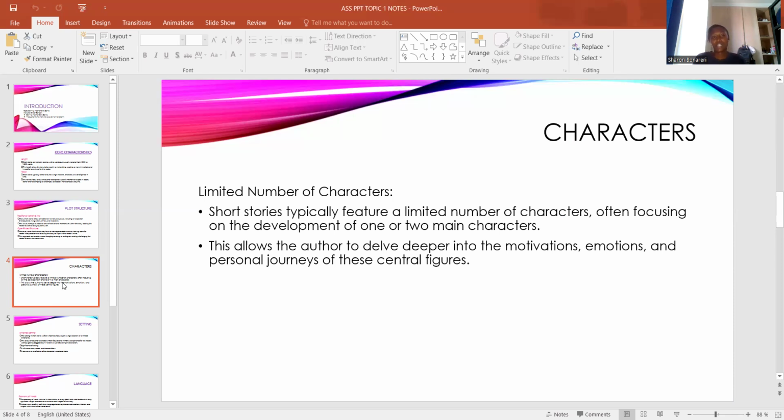Unlike a novel, which can have even 100 characters, a short story has 2, 3, 4, even 1. This allows the author to delve deeper into the motivations, emotions, and personal journeys of the central figures.